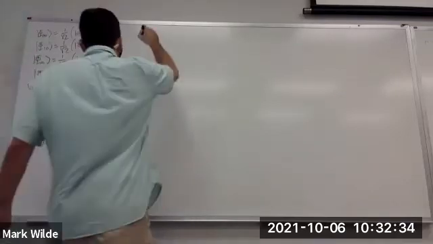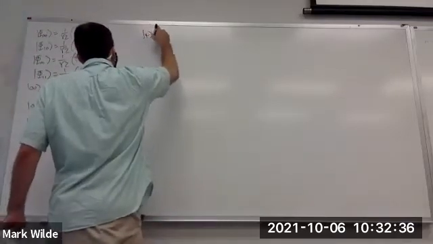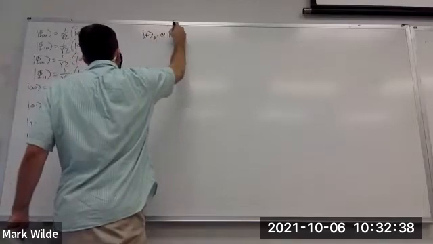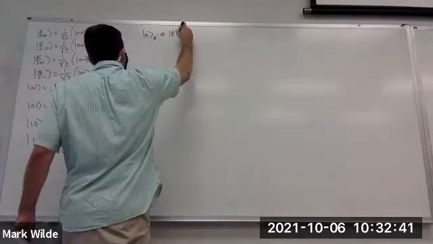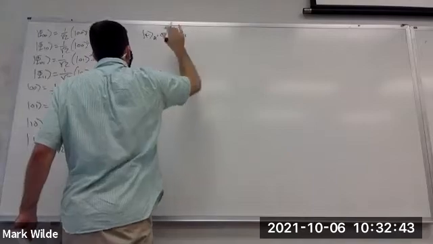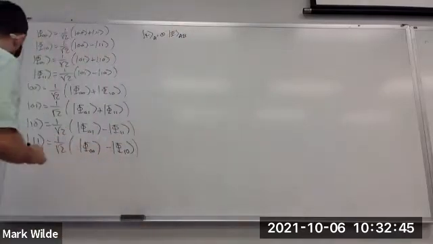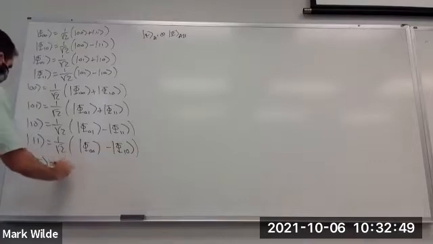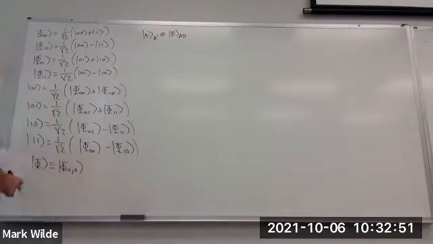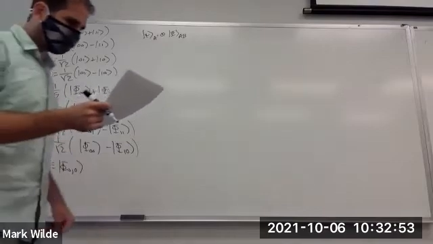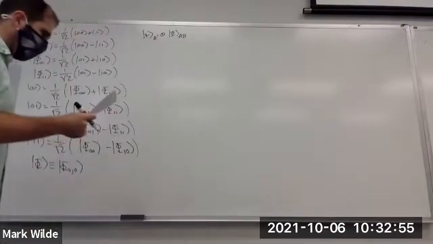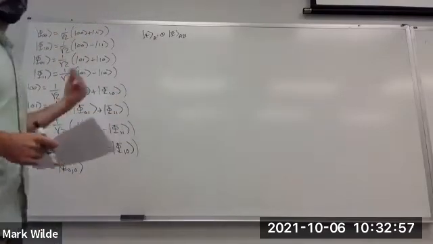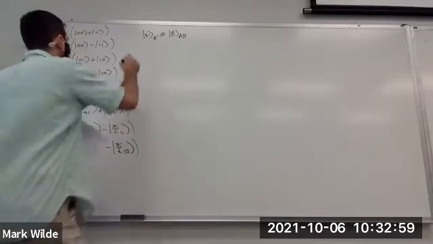So the initial state is this tensor product. And phi is short for phi 0, 0. So let's make a shorthand. And psi is alpha 0 plus beta 1. So let's write that out.